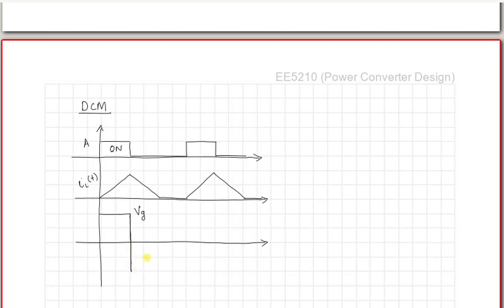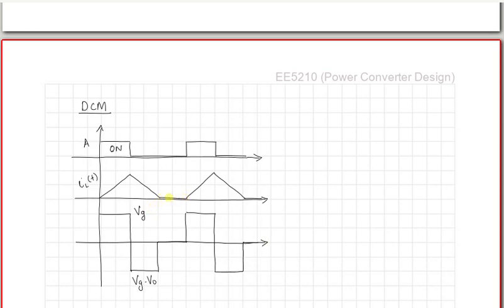That means as long as the current is falling, the switch B is conducting, right? So you have Vg minus Vo, and then for the remaining part the switch will remain off, and then the cycle would continue, right?